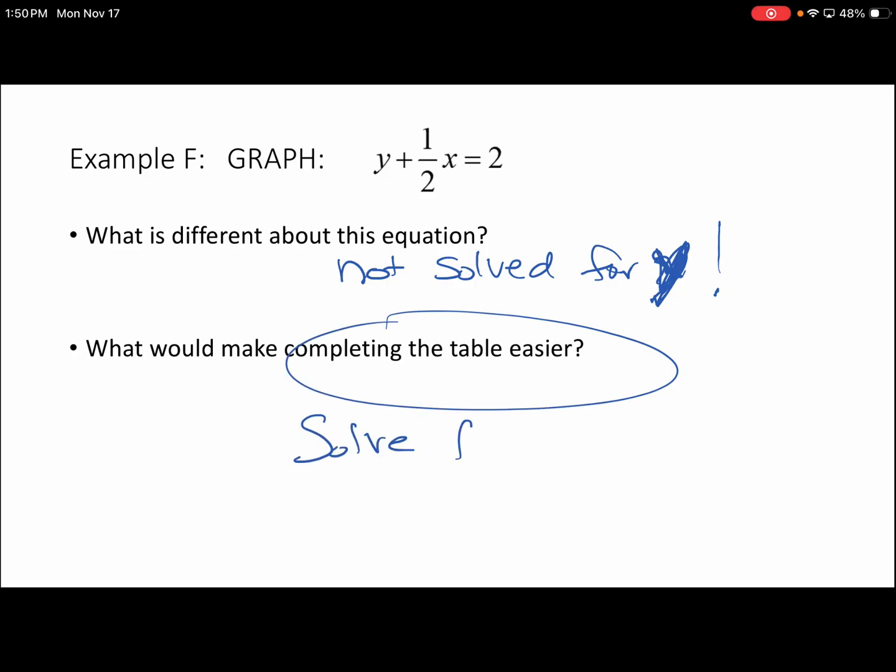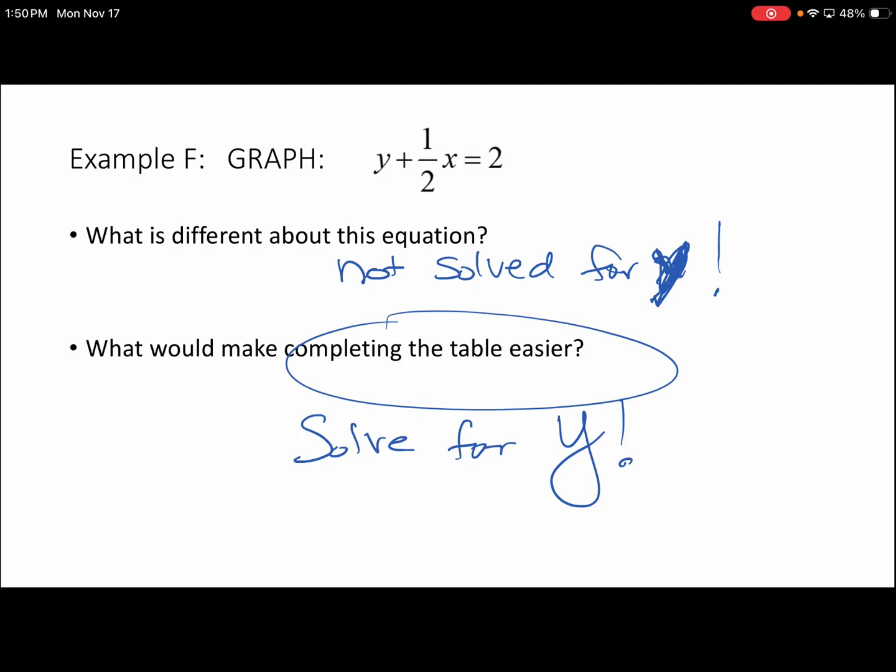Solve for y. Why do you think I spend so much time teaching you how to solve for y? Because anytime you have an equation to graph, it is so much faster, so much easier, so much less mental math work if you solve your equation for y.